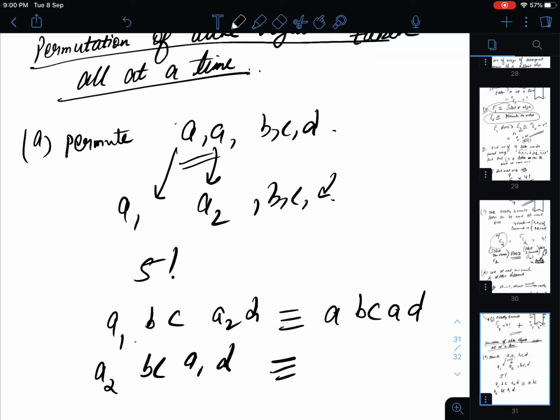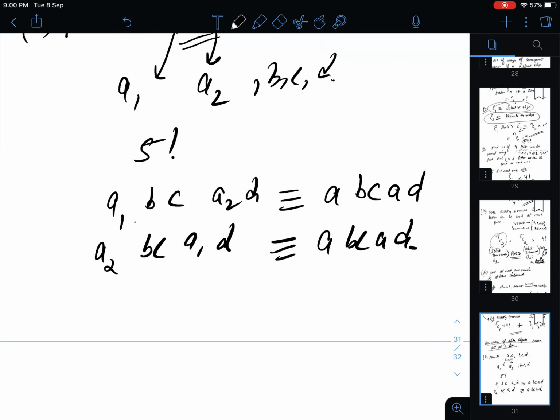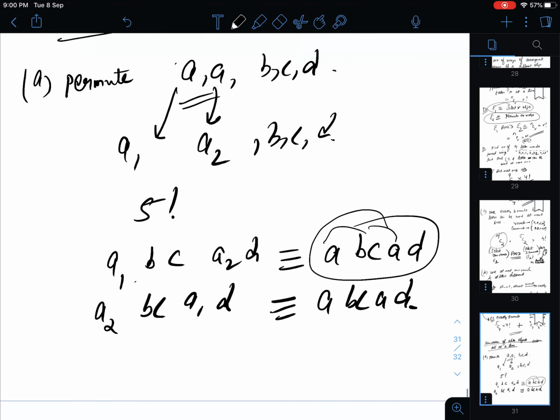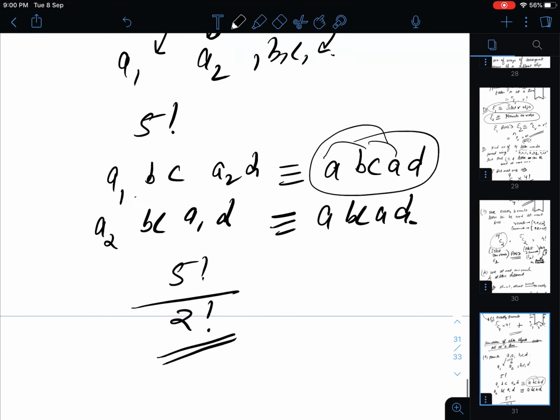So, these two cases are being counted twice, because when we were assuming they are all different, but in fact A and A are two alike objects. This case is being counted twice in 5 factorial. So, every permutation is counted twice. So, the total number of permutations when you have two identical A's and B, C and D is 5 factorial upon 2 factorial.